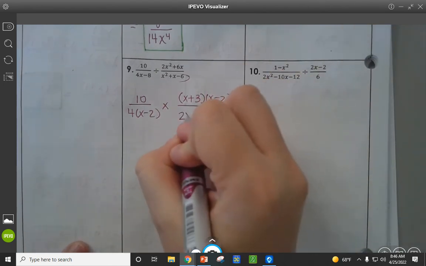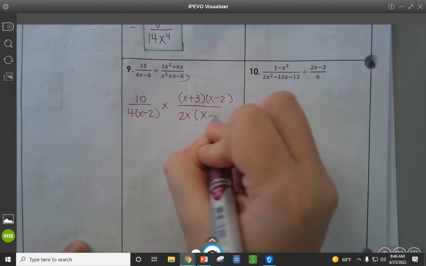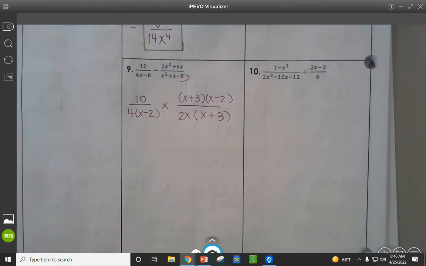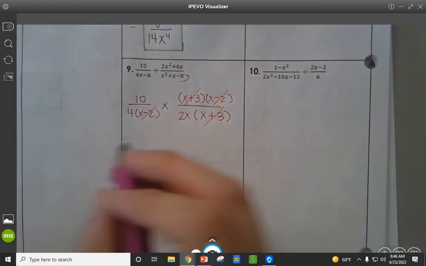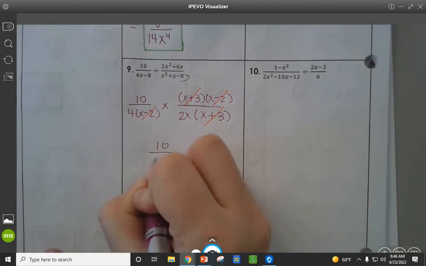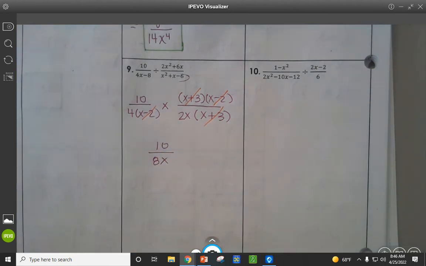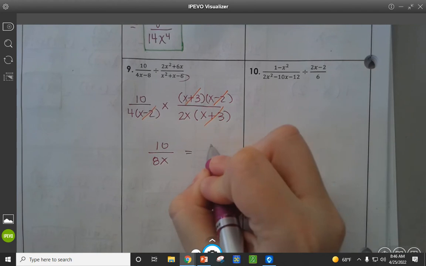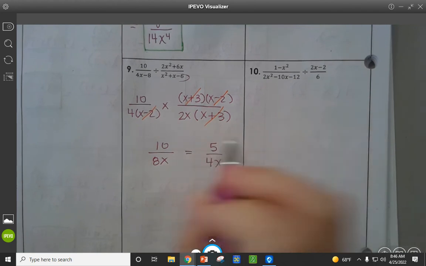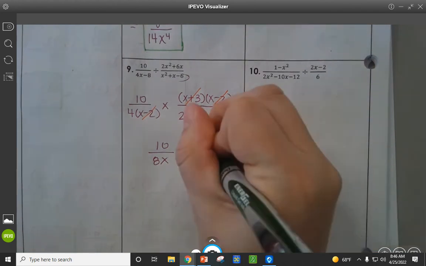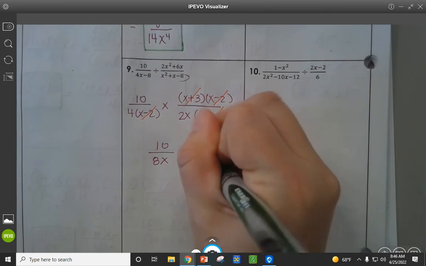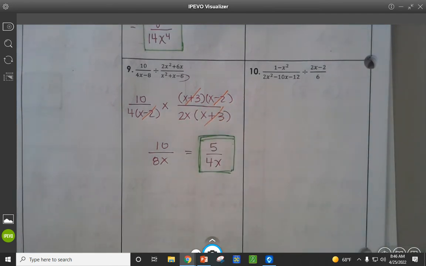And then we have a 2x, x plus 3. My x minus 2's cancel. My x plus 3's cancel, leaving me with 10 over 8x, which is 5 over 4x. Questions on that one?